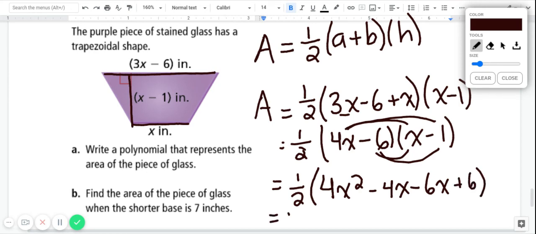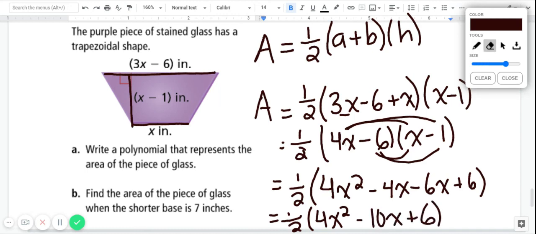Okay, and now this equals 1/2 times 4x squared, negative 4x minus 6x, that is minus 10x, plus 6. Okay, y'all, last thing.